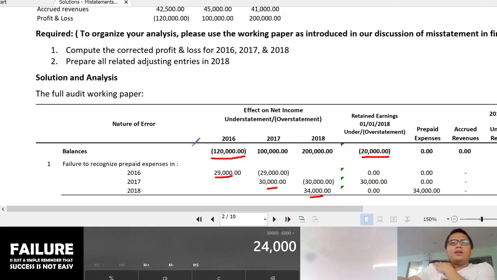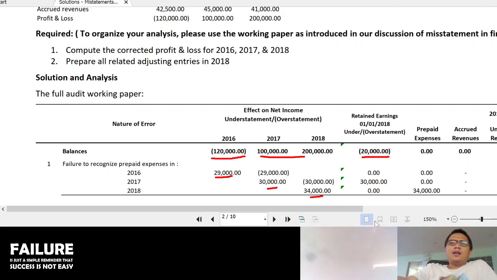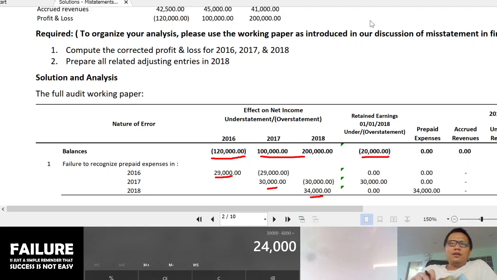Ito, net loss in 2016 plus the net income of 2017. Diba? So obviously, the retained earnings beginning is a net loss of 120,000 plus 100,000. So we have negative retained earnings of negative 20,000, diba?